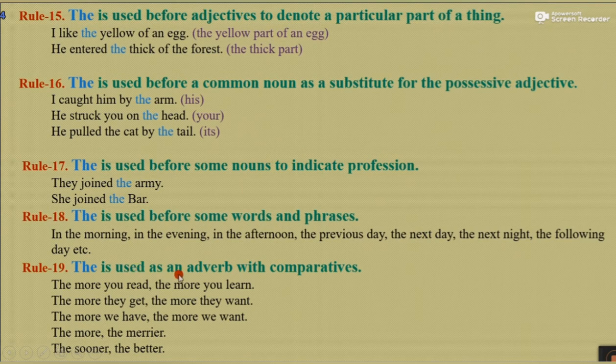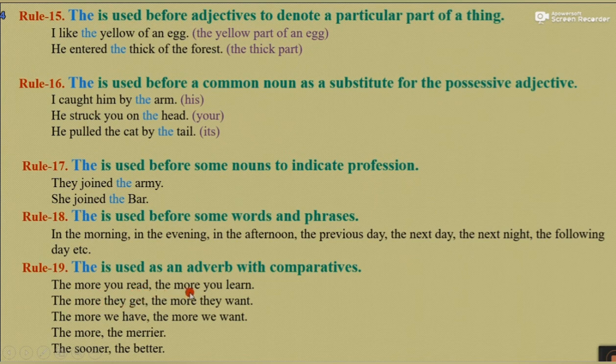Last rule, rule number 19. The is used as an adverb with comparatives. In this case, we use the: the more you read, the more you learn.